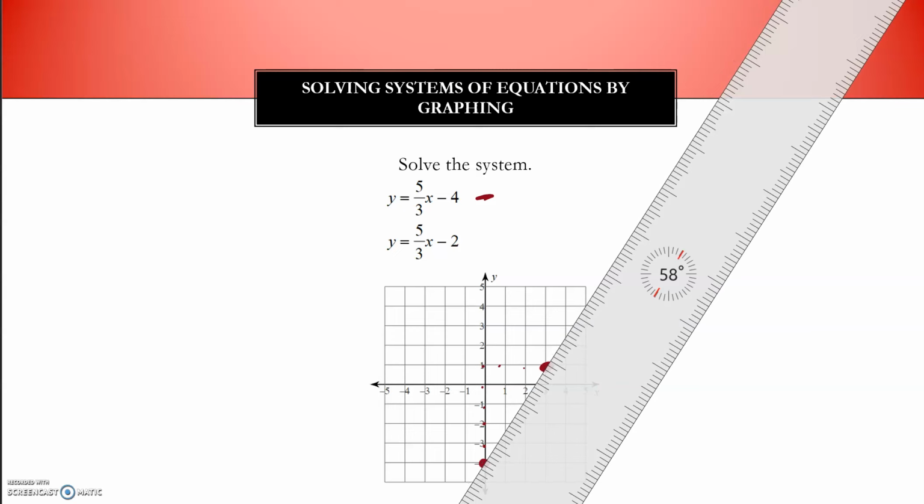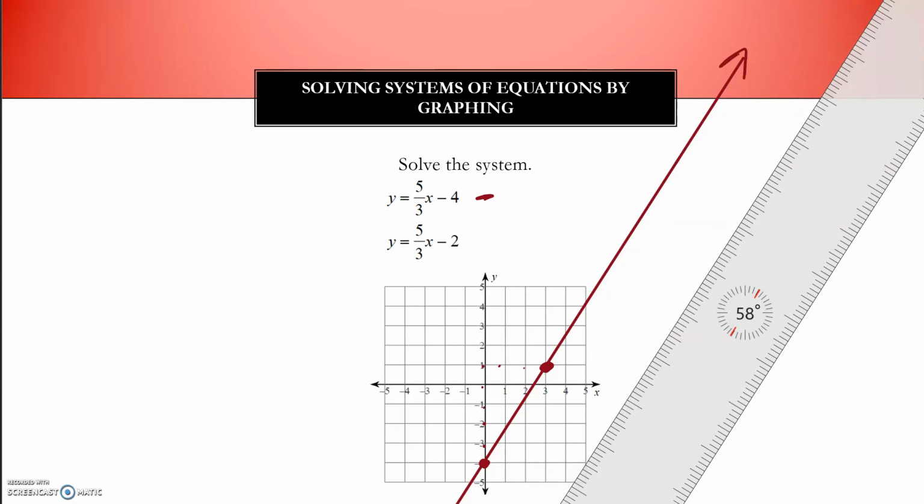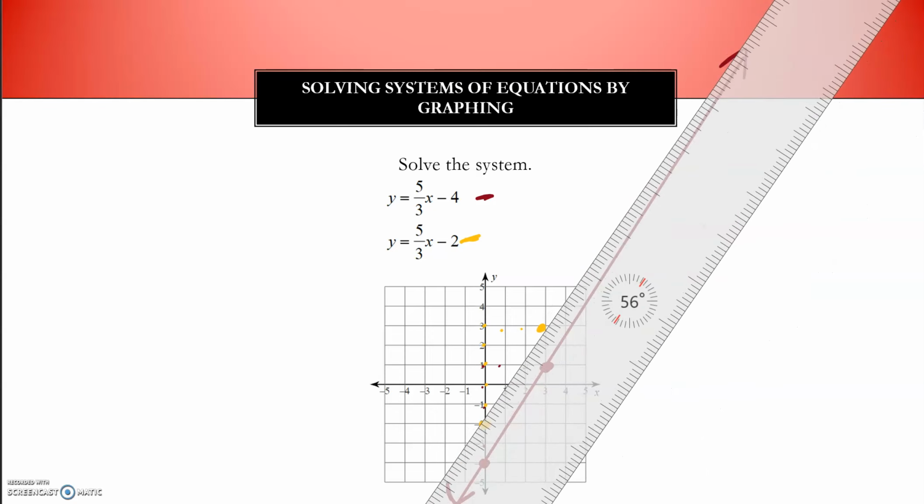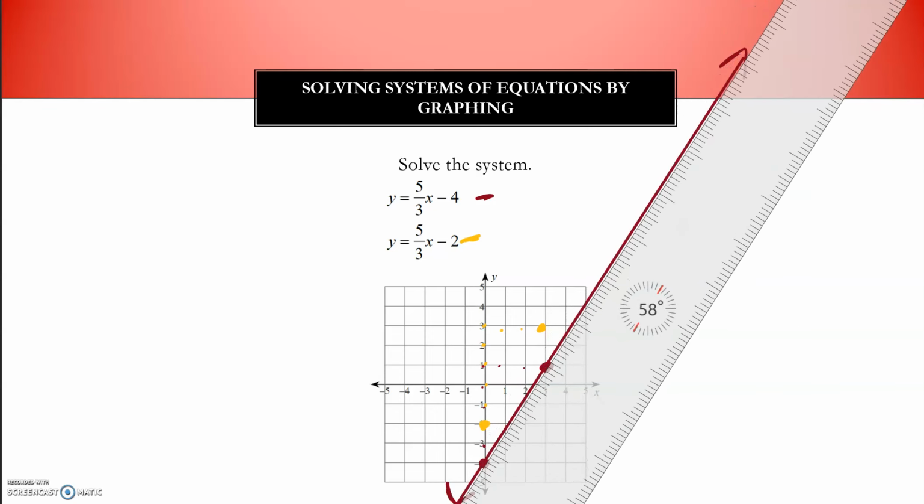Just for purposes of explanation, I'm going to exaggerate this way outside the graph that I've given. Again, 5/3 x minus 2, -2, up 5, over 3. And I'm going to do the same thing again.